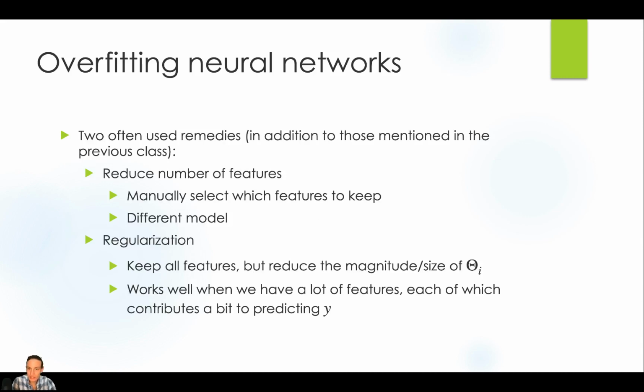Two often used remedies, in addition to some of those that we already mentioned in the previous class. I want to mention these two because they are very important specifically in neural networks. This is for overfitting. One is you might want to reduce the number of features. This is an important one.